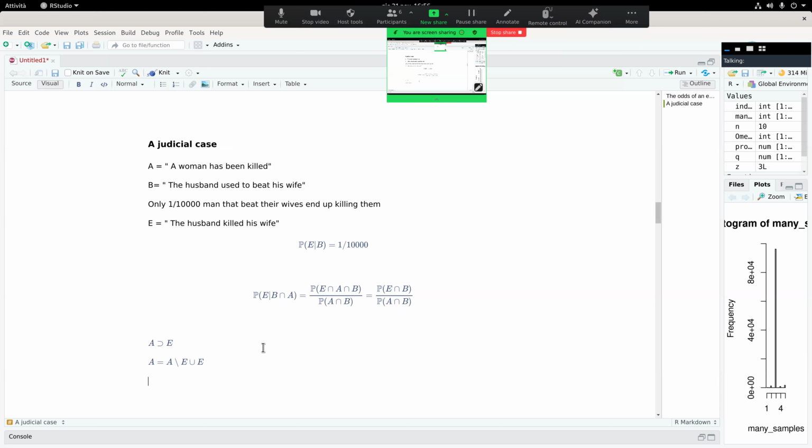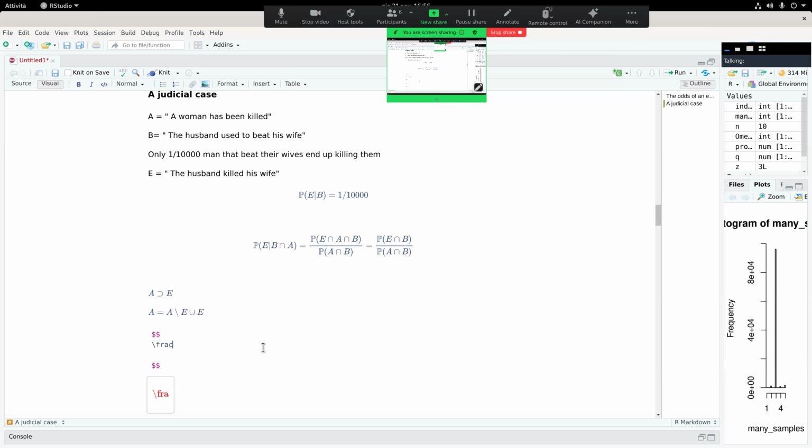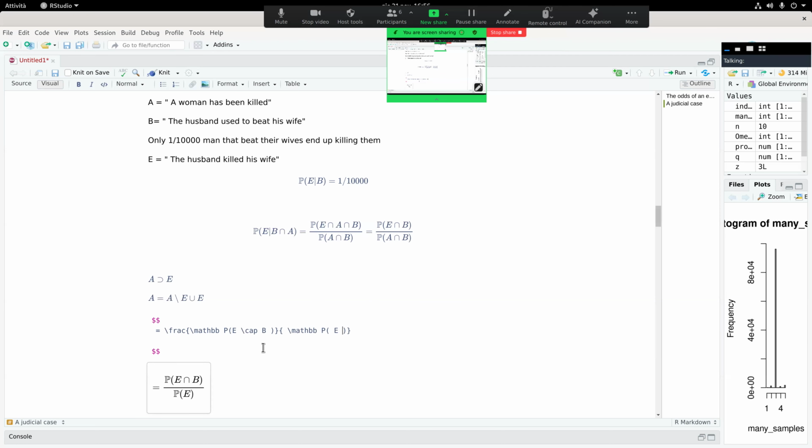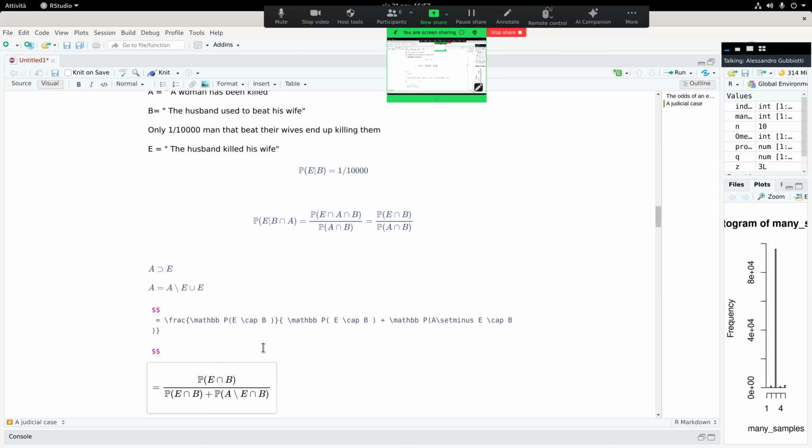So if we use this, we get that, continuing with this chain of equalities, on the numerator E and B. And on the denominator, using the additivity, we get E and B plus what's left of A, which is A minus E, and B. So this is equal by additivity to this.